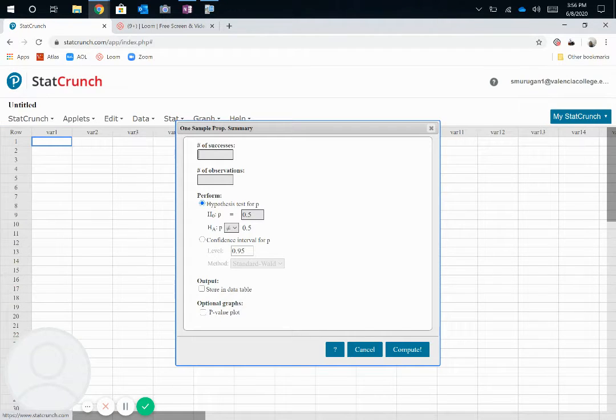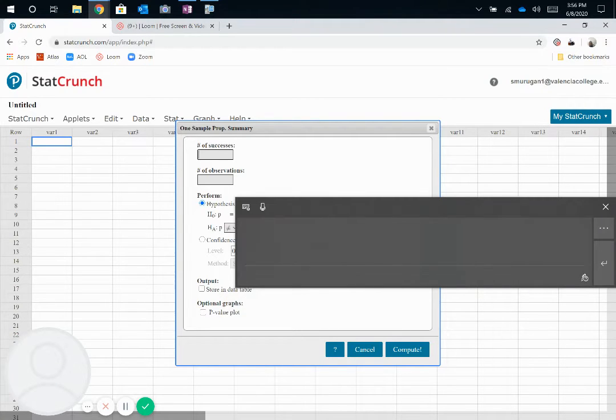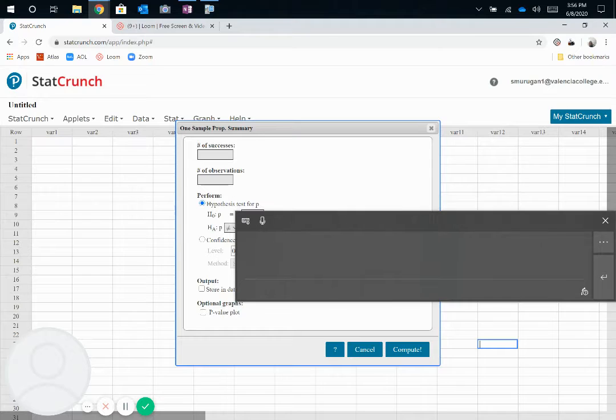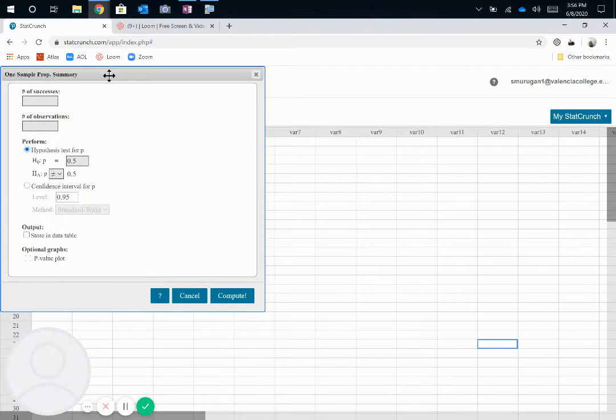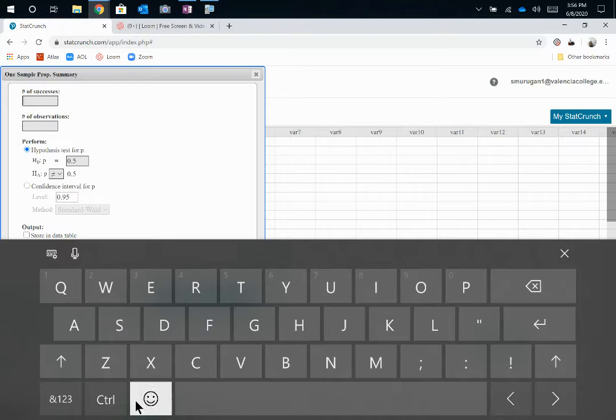And this is where you would go ahead and, let me see if I can move this. Uh-oh, what did I do here? Okay. So I need to just go ahead and move this out of the way so I can use the keypad. So here I'm going to type in 538 and 943. Okay.